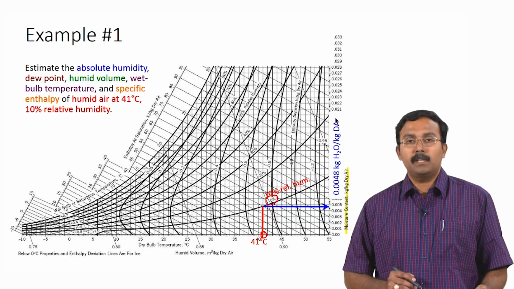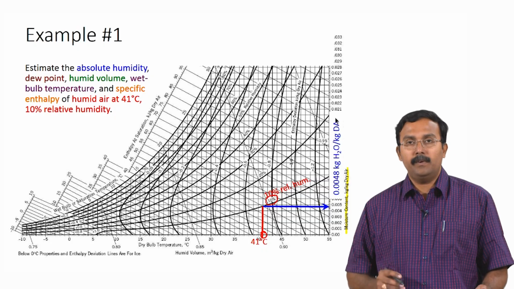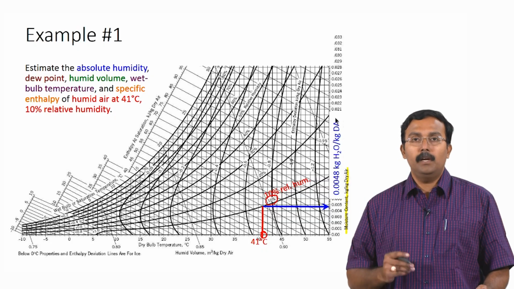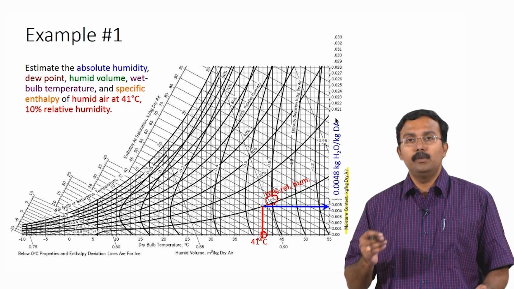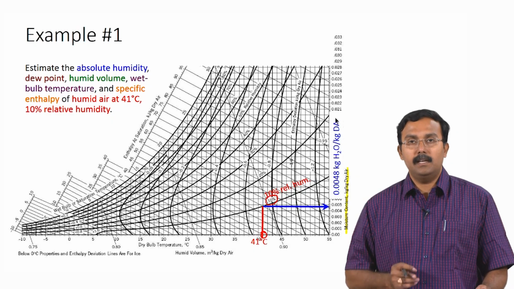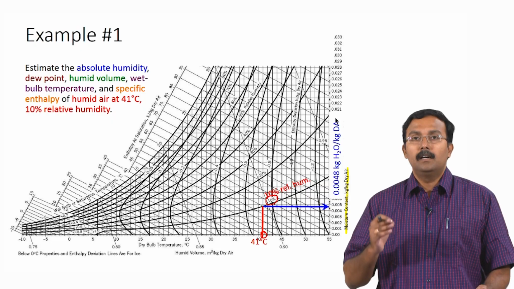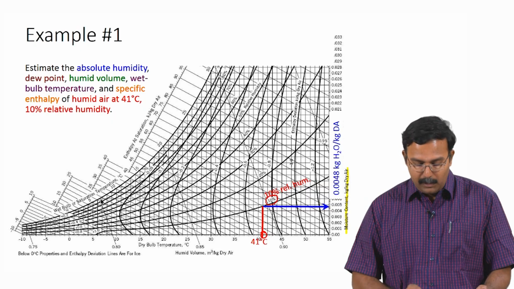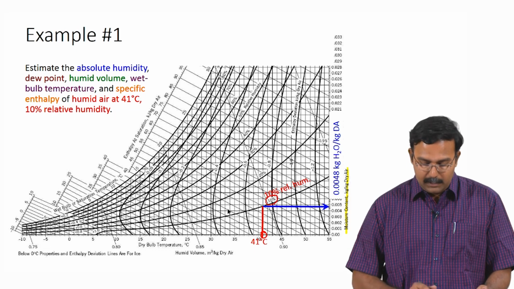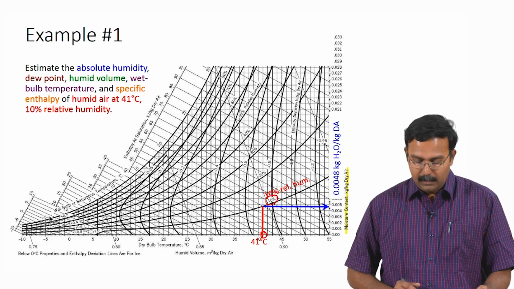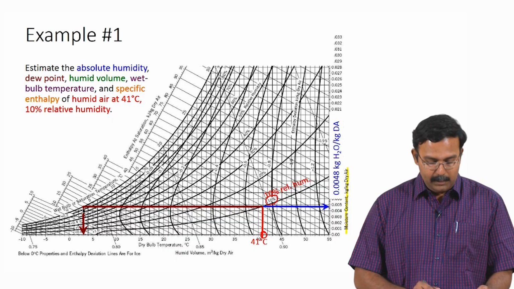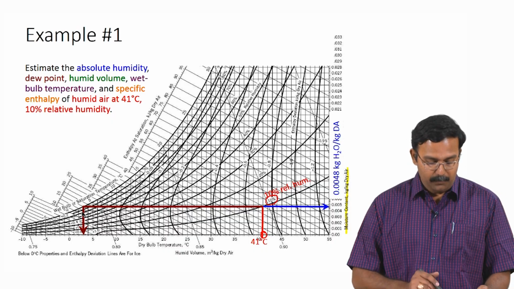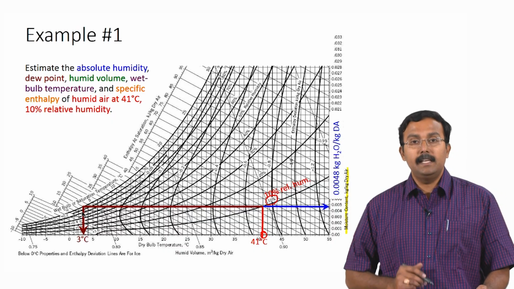The next aspect which has been asked is the dew point. Dew point is the temperature at which the first dew starts forming, or water starts condensing, if cooled at constant pressure. That can be identified by moving all the way to the saturation curve on the other side using a horizontal line. If we do that, we get to this point and we can identify the temperature as 3 degrees Celsius.